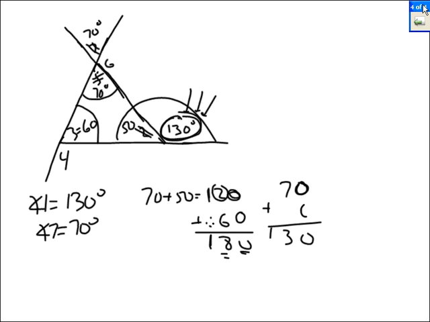Well, 0 plus 0 is 0. 7 plus nothing gives you 3, but 7 plus 6 gives you 13. 3, bring down the 1. So it's 60. Alright, 3 and 4 are supplementary. That is, they add up to 180. Well, 6 plus 12 is 18. 60 plus 120 is 180.